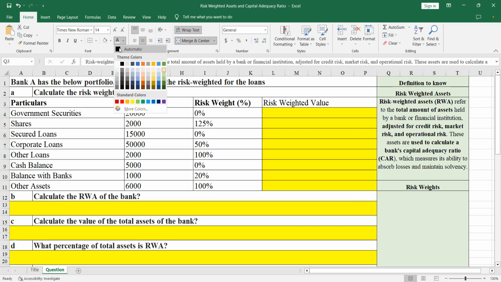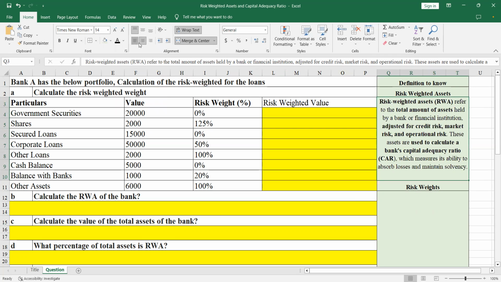Risk-weighted assets refer to the total amount of assets held by the bank, but after adjusting for credit risk, market risk, and operational risk. This is very important: there are three types of risks that we adjust for before calculating the risk-weighted assets.